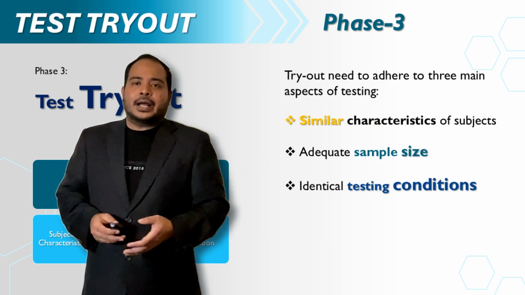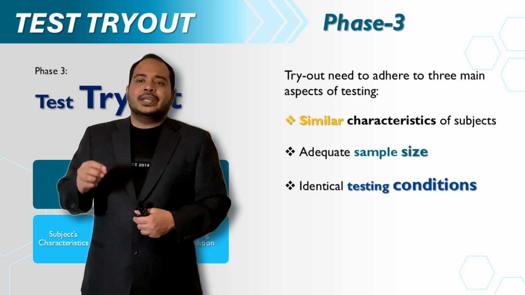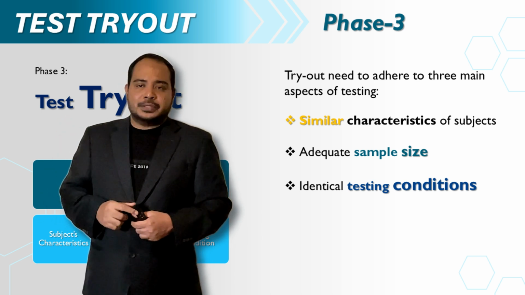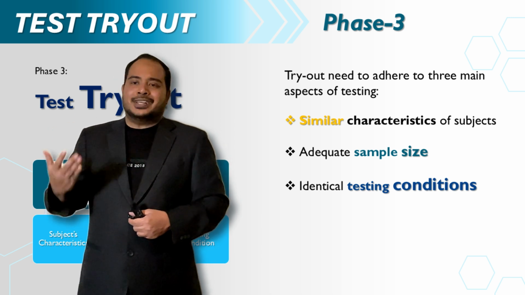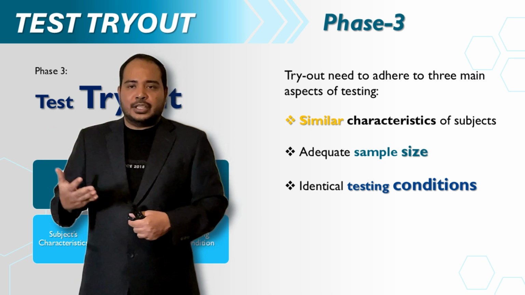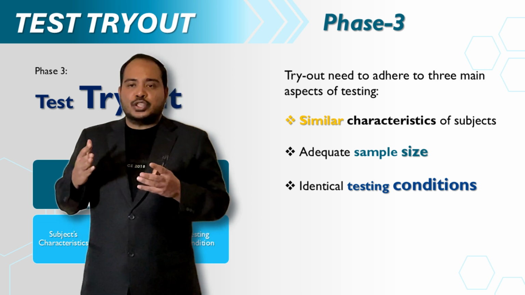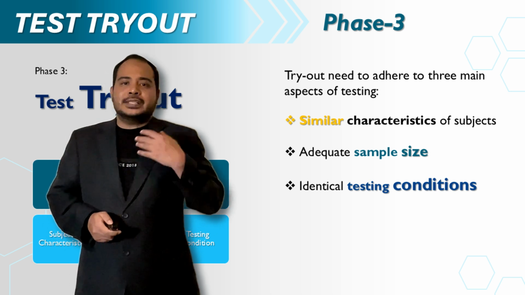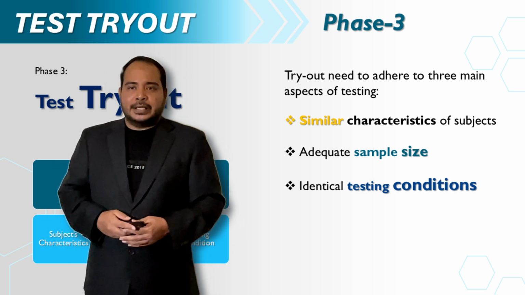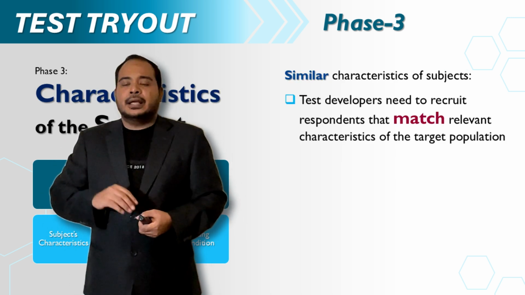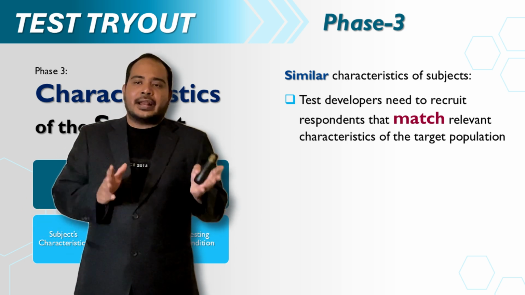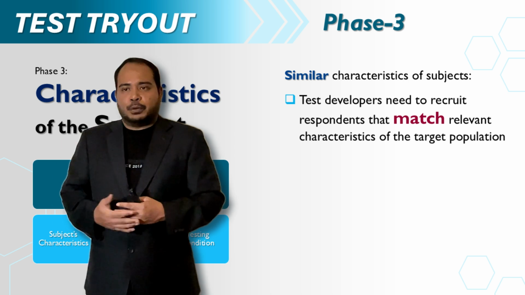So for the first one, under test tryout, we need to look at the similar characteristics of subjects. Then we need to make sure that the sample size is adequate, and that the testing condition is identical. For similar characteristics of the subjects, test developers need to recruit respondents that match the relevant characteristics of the target population.